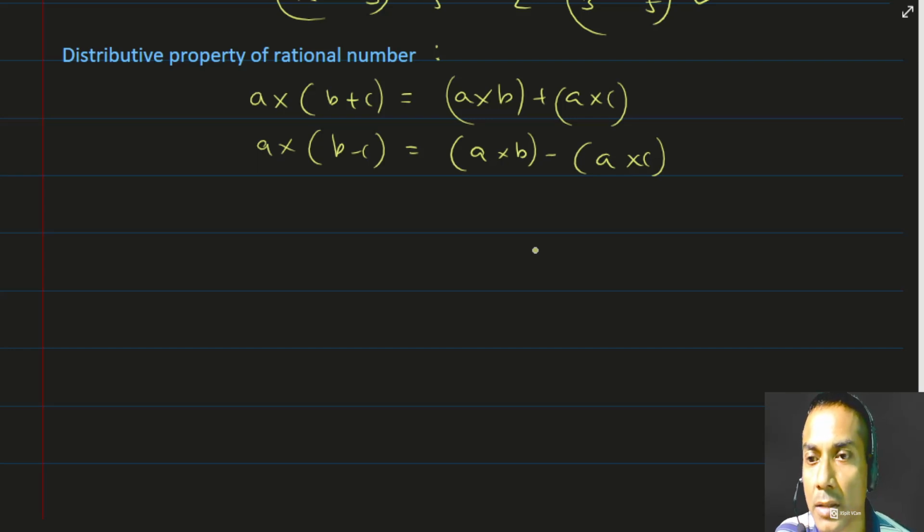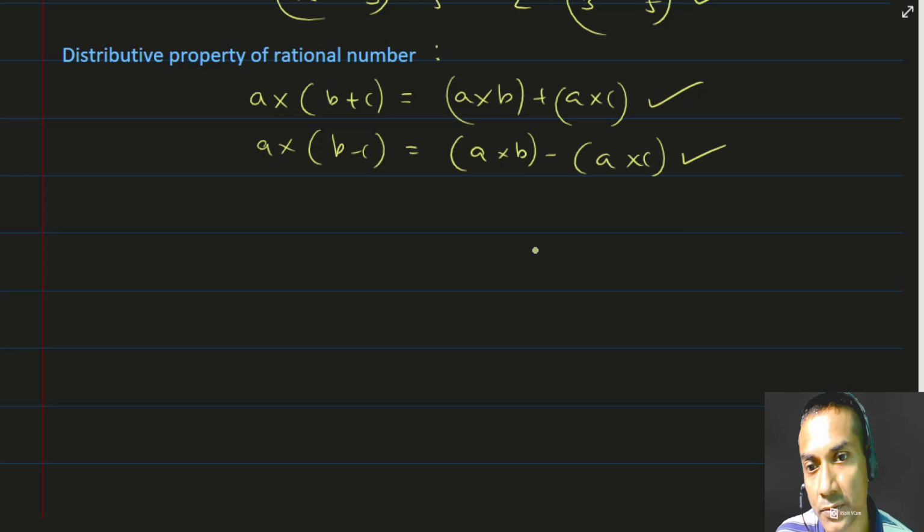This is the distributive property of multiplication over addition, and distributive property of multiplication over subtraction. Both properties are followed for the rational number.